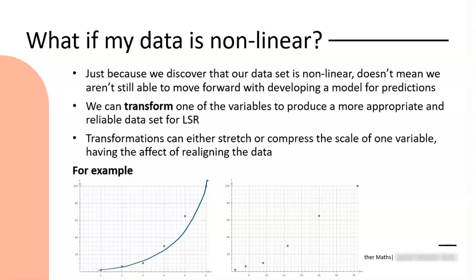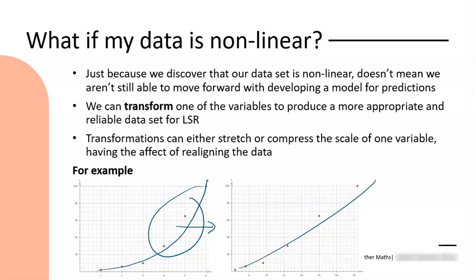So what has happened is we've applied what we call a squared transformation to our x-axis, our explanatory variable. And that has had the effect of stretching out these values, so our data is a bit more in line.